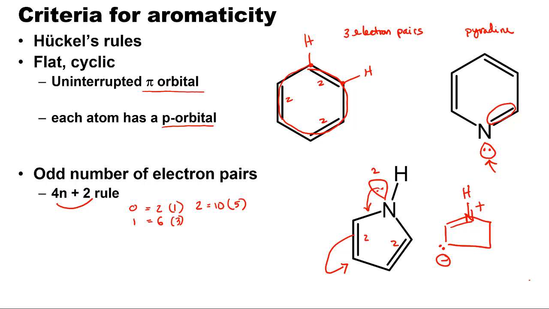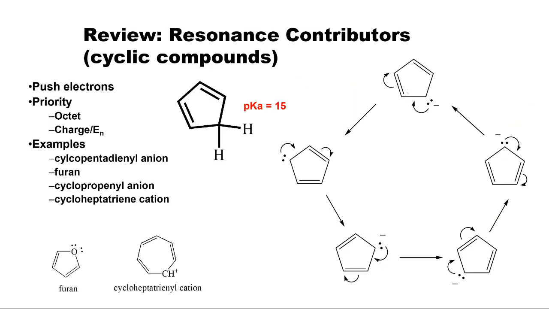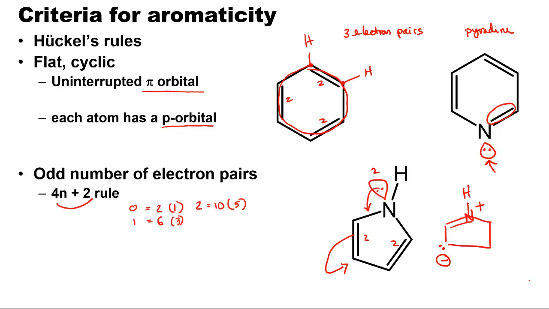So sometimes when we talk about compounds that are aromatic, especially for heterocycles, it's important to draw the resonance contributors in order to understand whether or not the pair of electrons contributes and makes it aromatic.